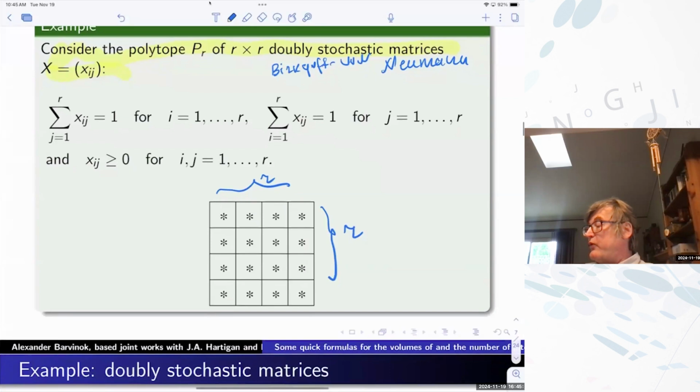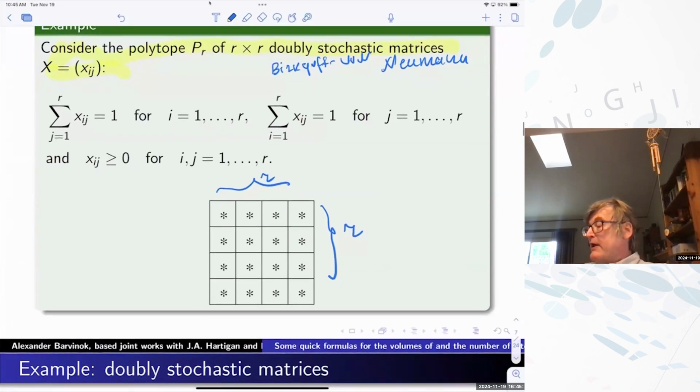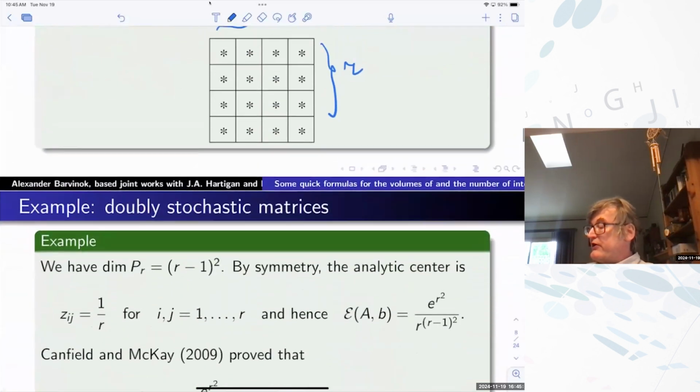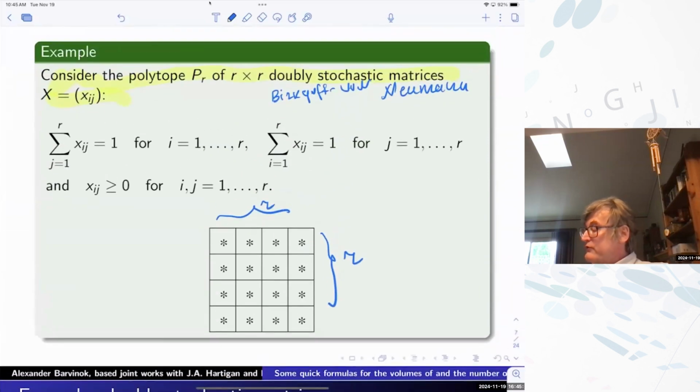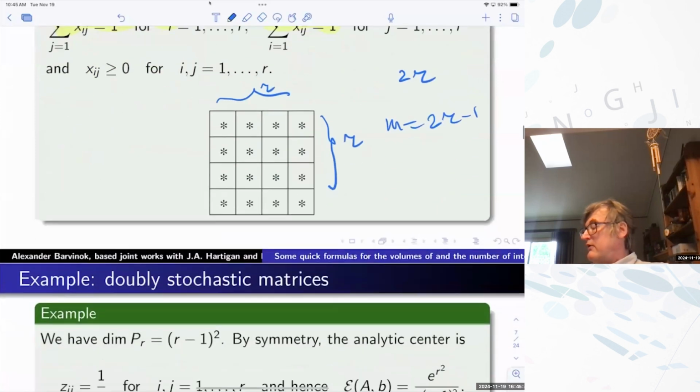And then what does the formula give for that? There is one issue here: we have 2R equations, but they are not linearly independent. If you add all the row sums, then of course it's the same as if you add all the column sums. So the codimension m is 2R minus 1, right?